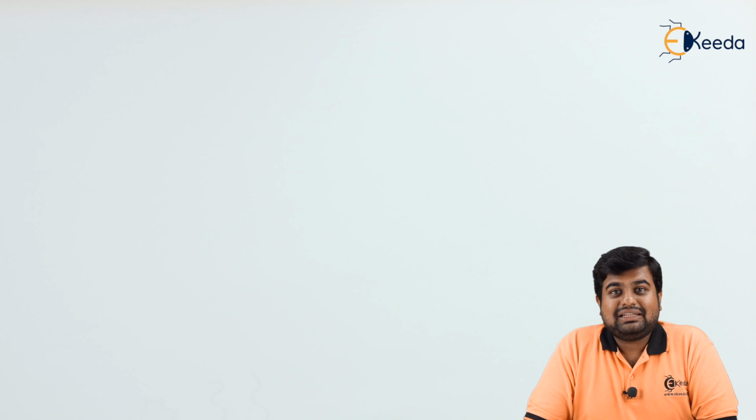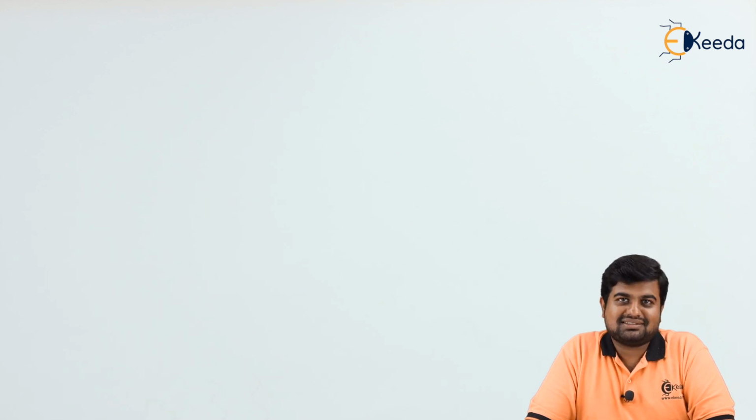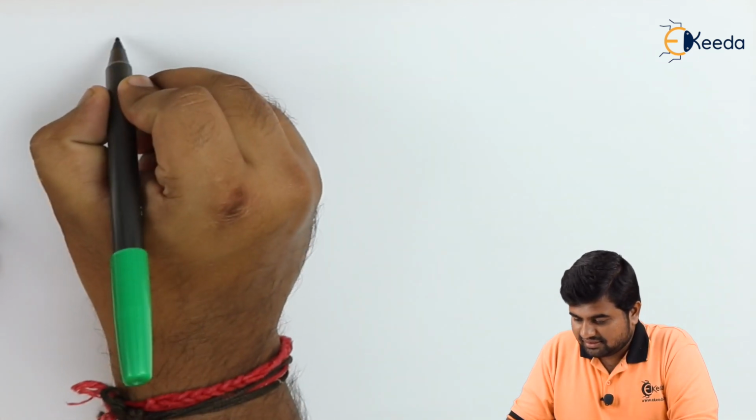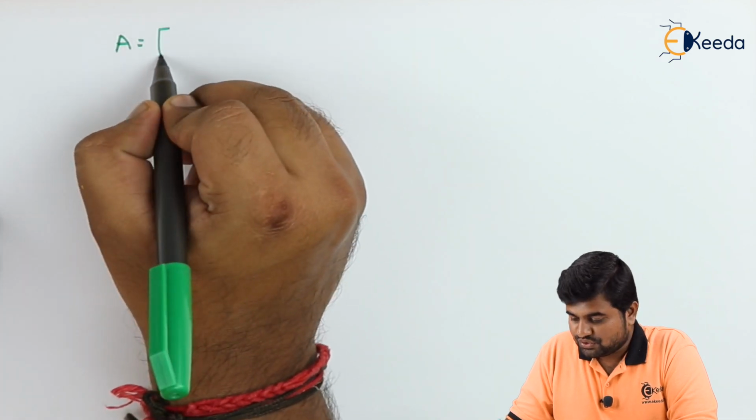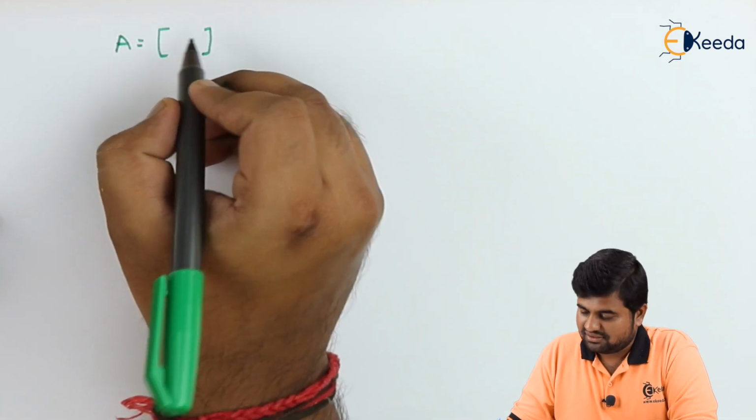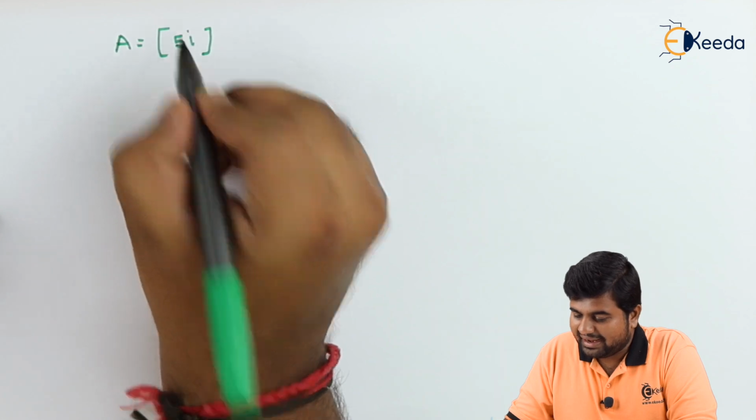While constructing a 1 by 1 or 2 by 2 or 3 by 3 skew Hermitian matrix, we should know the property of diagonal elements. All the diagonal elements in a skew Hermitian matrix are imaginary. So if we have a 1 by 1 matrix, the one element has to be imaginary. So let's take 5i.